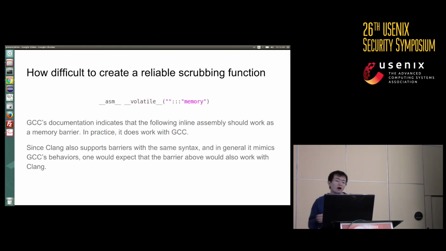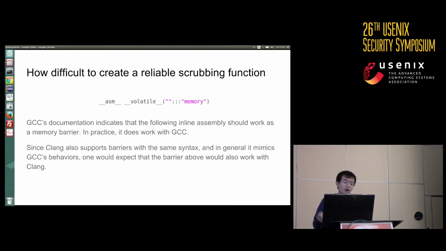To show you how difficult it is to create a reliable and portable scrubbing function, let's look at this inline assembly statement. According to GCC's documentation, this is a perfectly fine memory barrier. And in fact, we have verified that this does work with GCC.